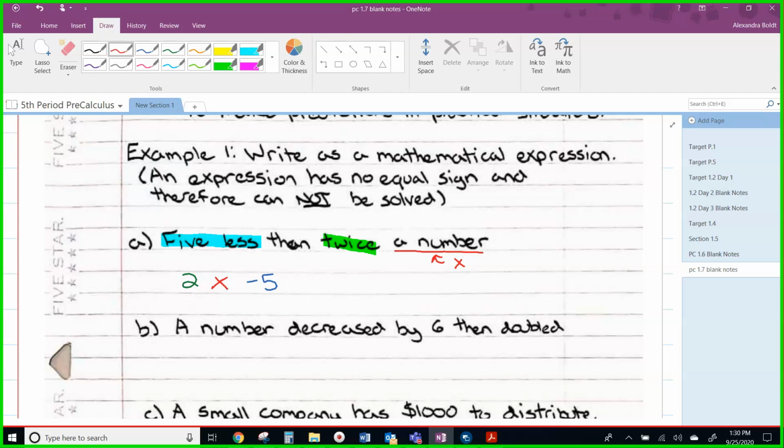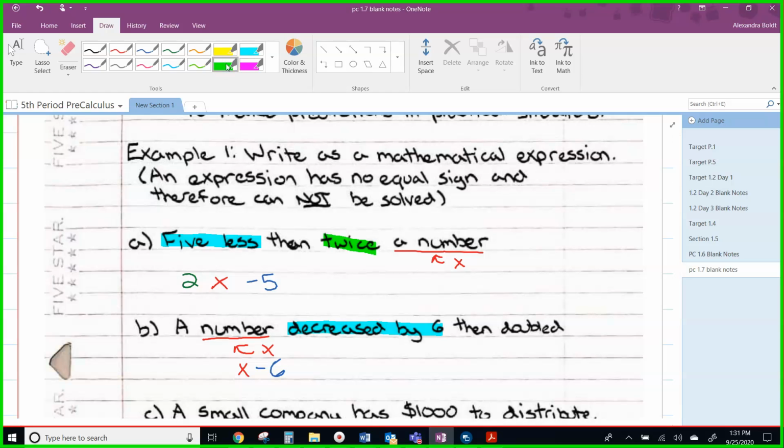Looking at B, a number decreased by 6, then doubled. Again, X is our number, and I am decreasing that by 6. So again, I'm going to have a minus. So I should have X minus 6.